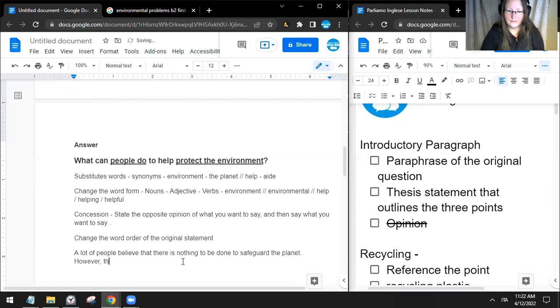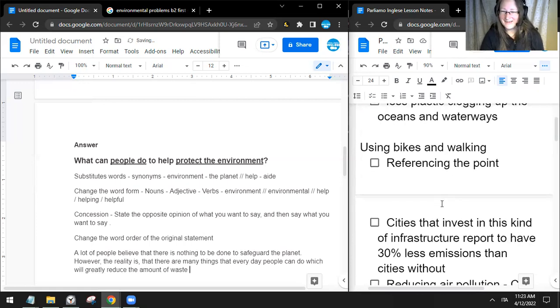However, the reality is that there are many things that everyday people can do which will greatly reduce the amount of waste. What are we talking about? See, this is why I have to look at the notes, because I will forget what I'm writing about. You will too. So it's really important to have a plan.